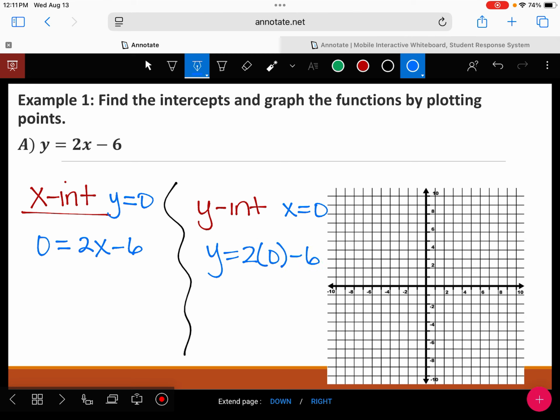Okay, so you can kind of see what happened. The 0, and then you just simply solve it from there.